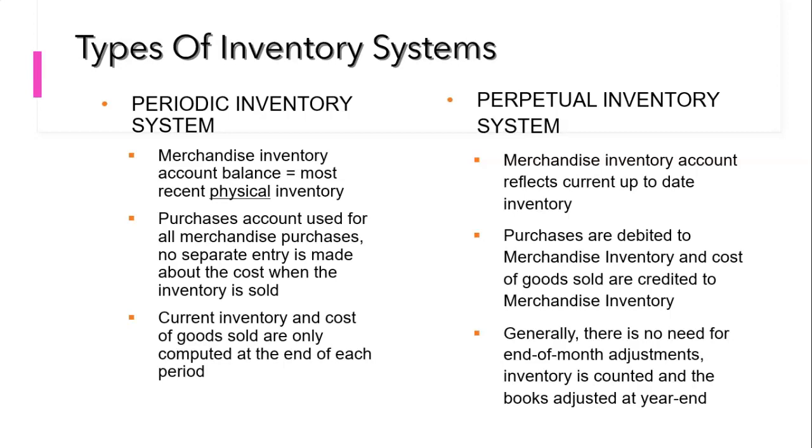So I'm still going to have the same sales journal entry. I'm going to debit cash and credit sales for that $10. But now I have to figure out, oh, this thing cost me $6. And so I'm going to now debit an expense account called cost of goods sold, and credit inventory. So the cost of the inventory coming in is debited to inventory, and the cost of the inventory that's going out and being sold is credited to inventory.